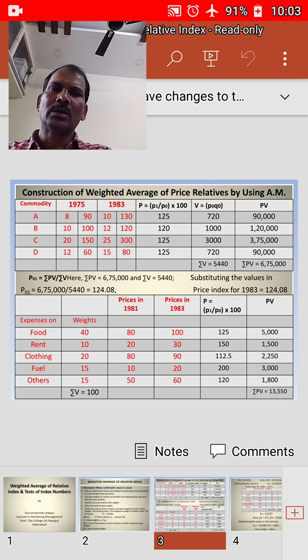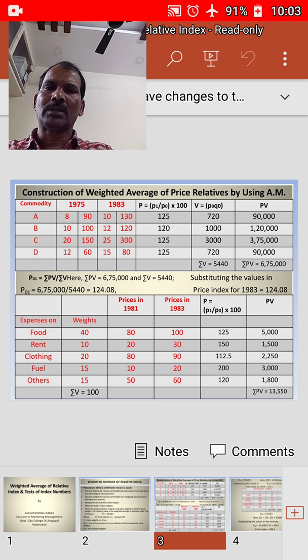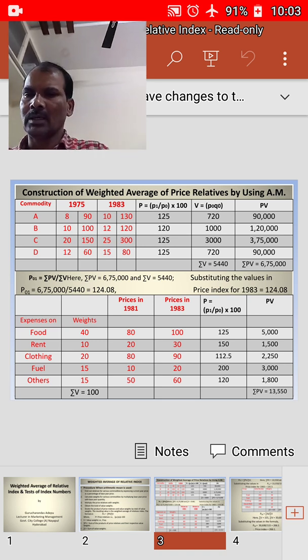Now we need to calculate the value weights. How could we get the value weights? By multiplying the base year prices with the base year quantities. Base year prices and base year quantities are given here.